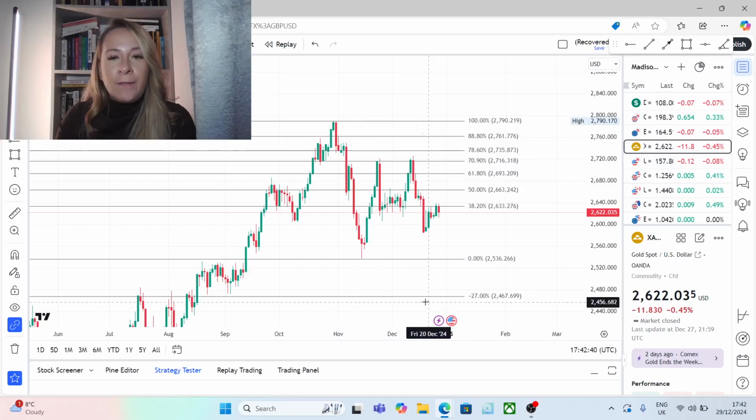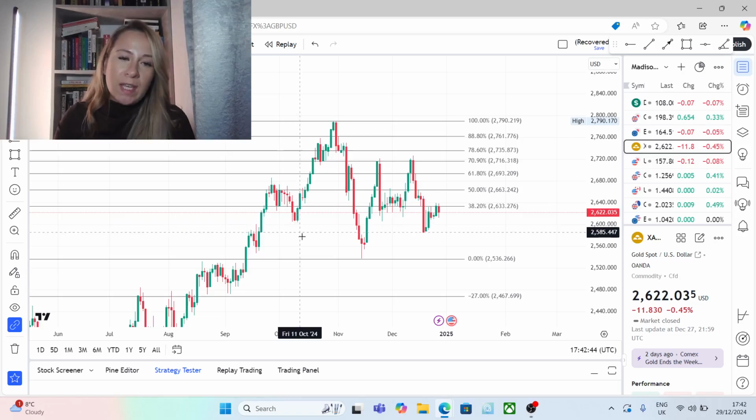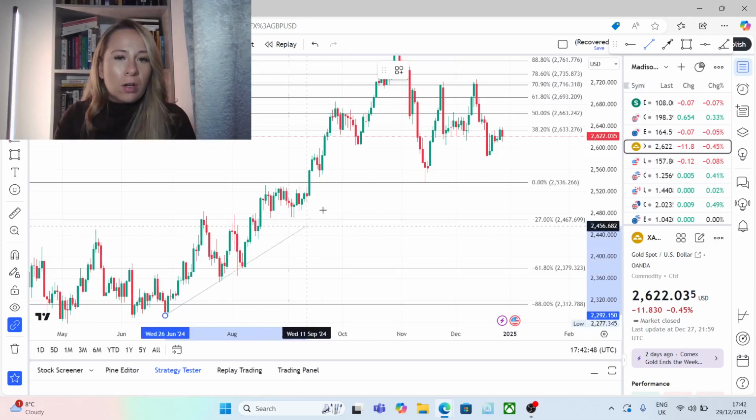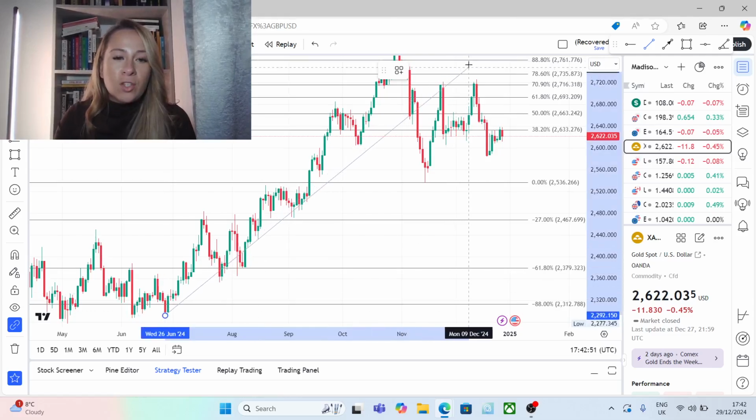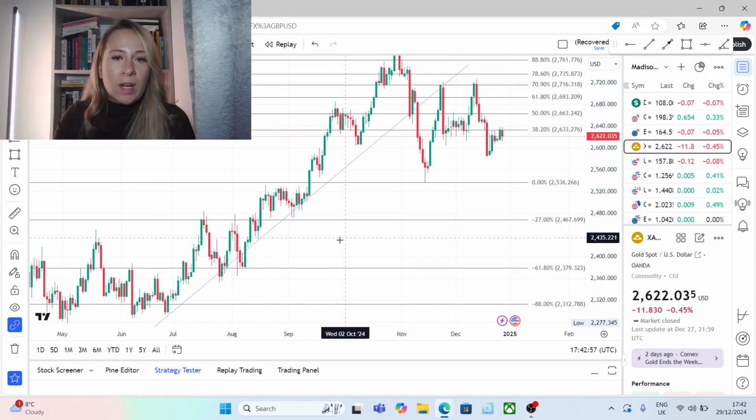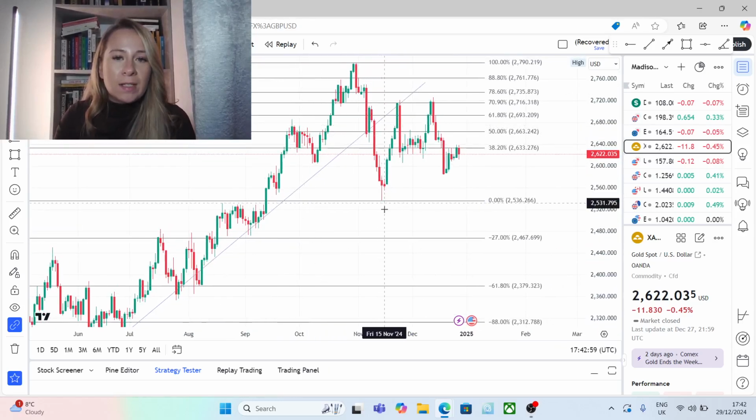But anyway, fib. So we've got the fib from this drop. You can also see here, let's just draw on a trend line just for the sake of this explanation. As you can see, we are in this uptrend, but then price has broke.